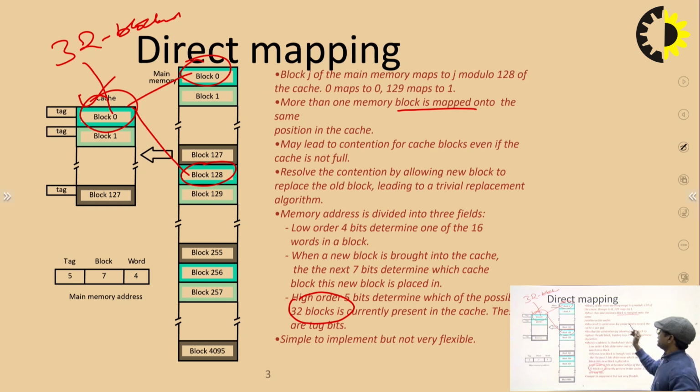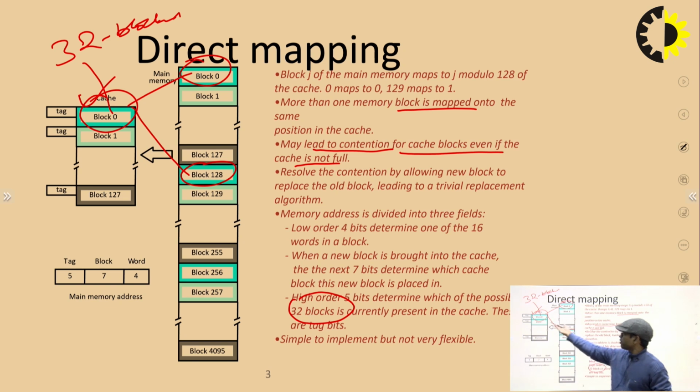So, what will happen? It may lead to contention, meaning that multiple blocks are mapped in the same cache line, fine. So, if the cache is not full, other cache blocks are available free, but since they are mapped to the same location, 32 main memory blocks are mapped to the same location.